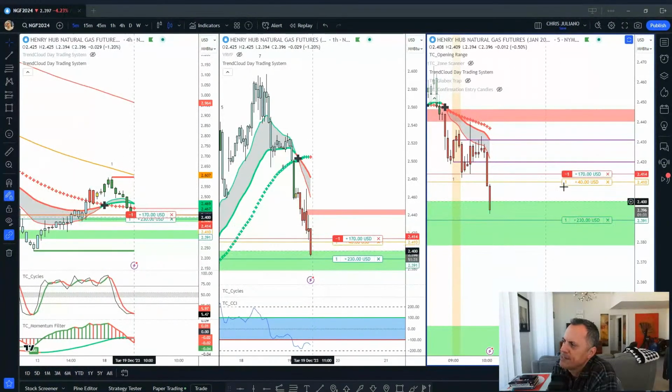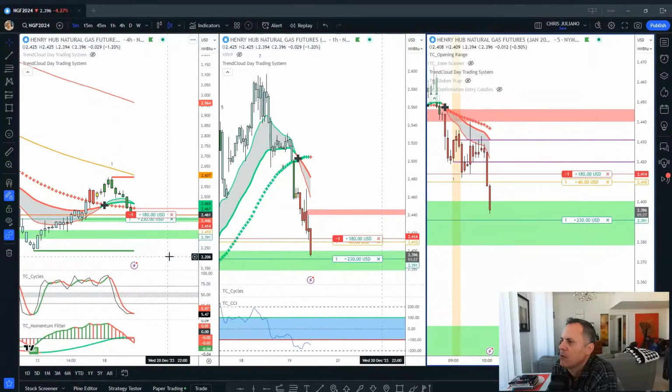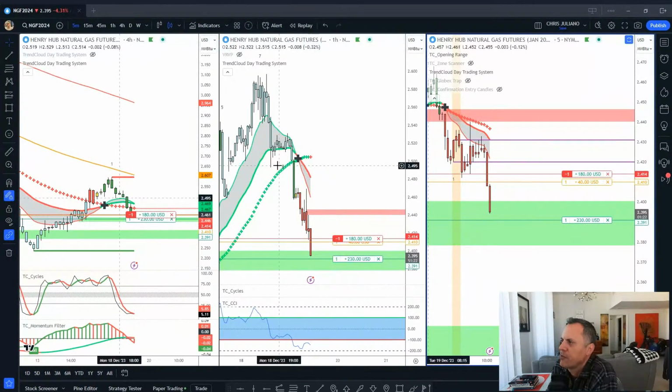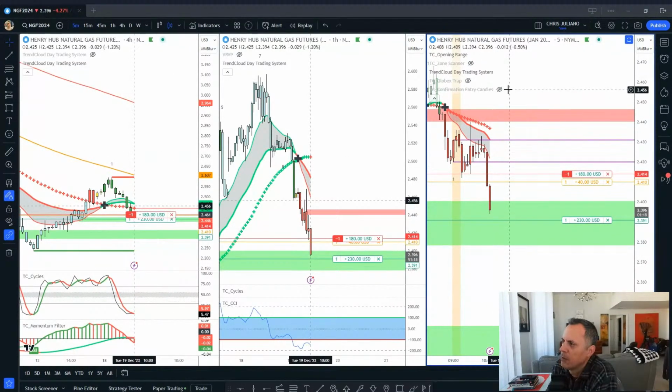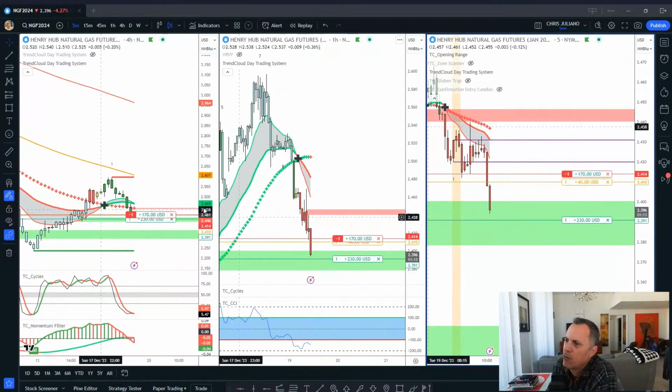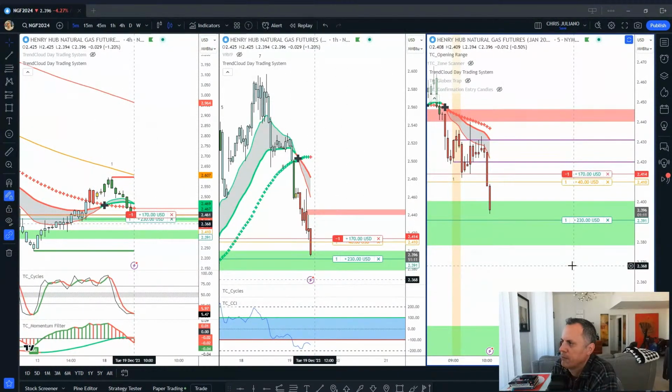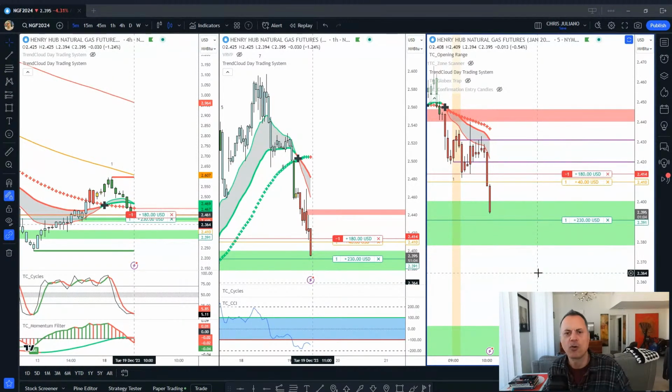But we wanted to take this trade because everything was lined up, right? When everything is lined up for you, it really becomes a very powerful system for making money, right? Because we've got momentum and trend on our side across multiple time frames, and that's what it's all about.